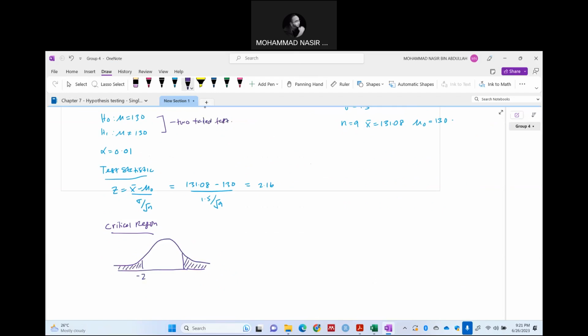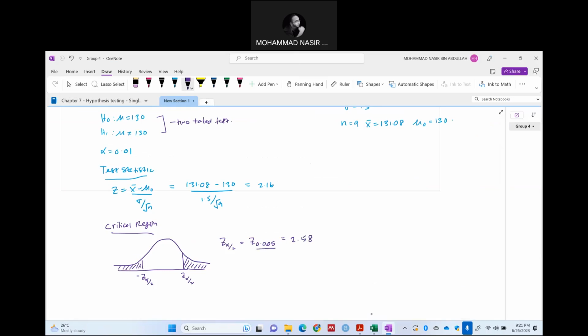So this is negative Z alpha divided by 2, and Z alpha divided by 2. So Z alpha divided by 2 is equal to Z 0.005. It should be 2.57558.